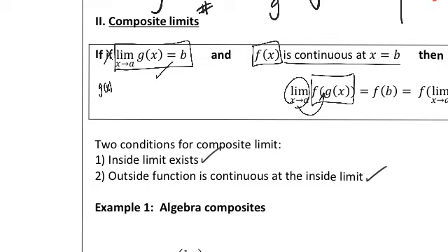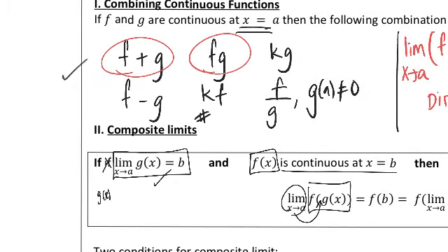So for composite functions, in a way, the conditions are not as strong as for these other functions, because for f plus g to be continuous at x equals a, f and g both have to be continuous at x equals a.